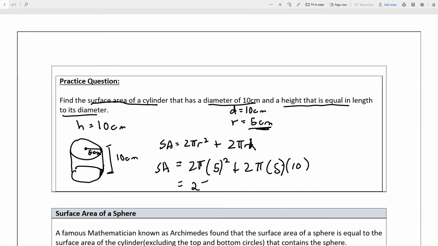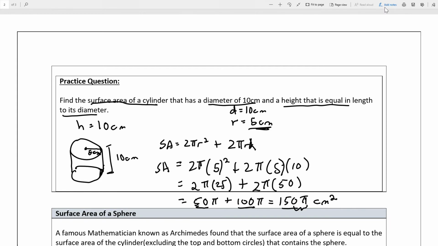This is 2 pi 25. 5 times 5 is 25. Plus 2 pi 50. I'll simplify this further. I can multiply the numbers together. 2 and 25, which is 50 pi, plus 2 and 50, which is 100 pi. And this we can simplify as 150 pi, because if you have 50 pi and 100 pi, well, 50 groups of pi and 100 groups of pi, then together you have 150 groups of pi. And the units for this is centimeters squared. You can multiply this out if you want.